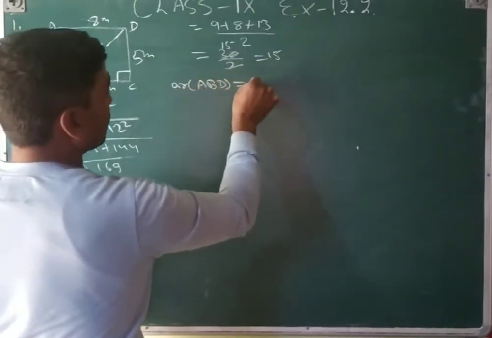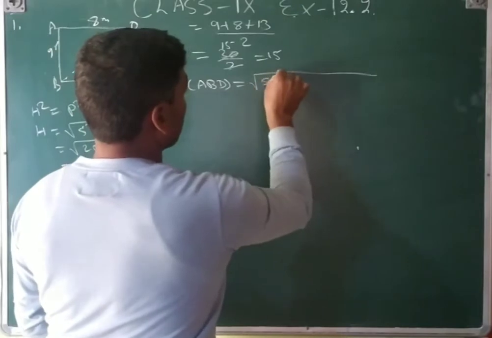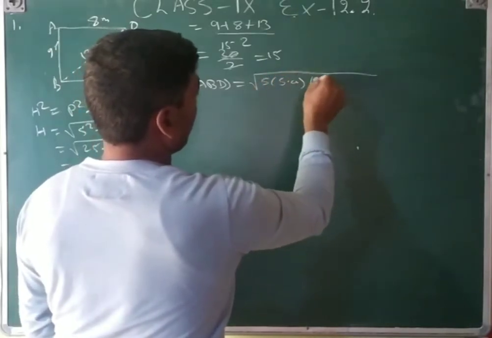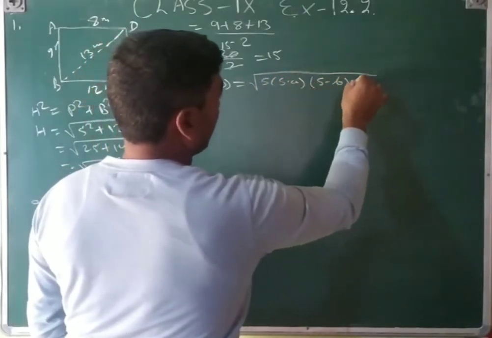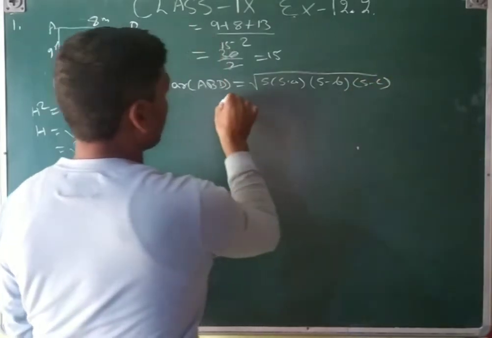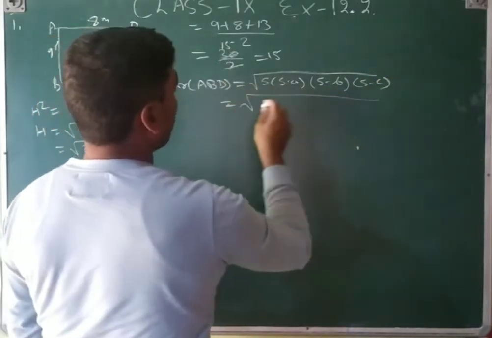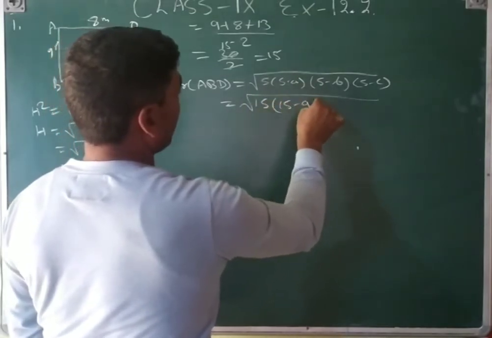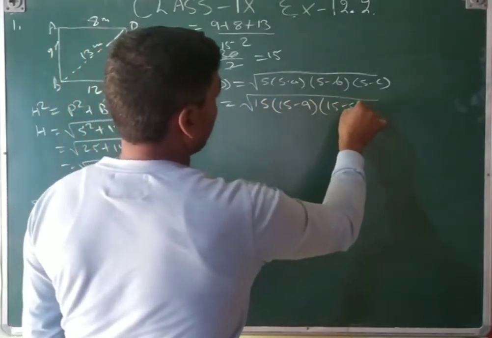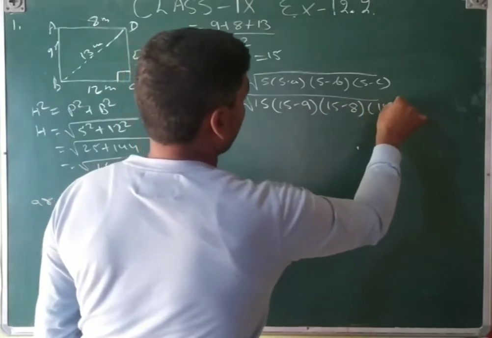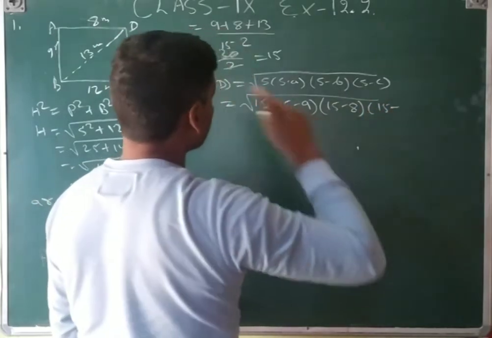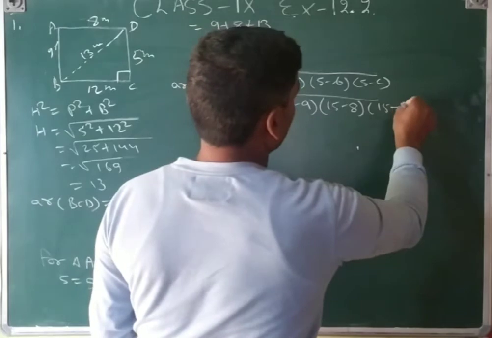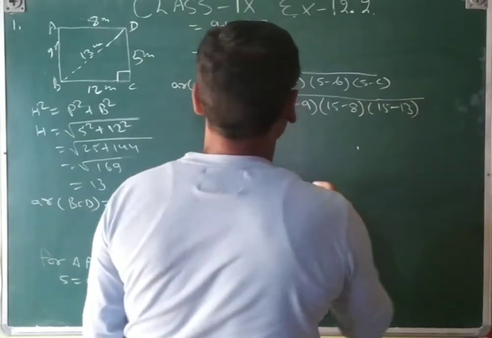Now area of ABD is equal to square root of S into S minus A, S minus B, S minus C. So S is 15, and then 15 minus 9, 15 minus 8, 15 minus 13.